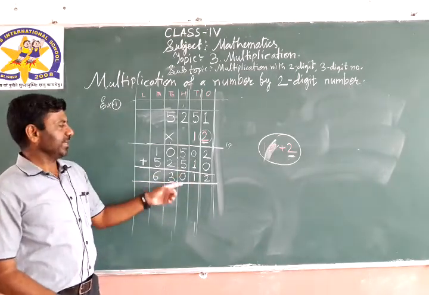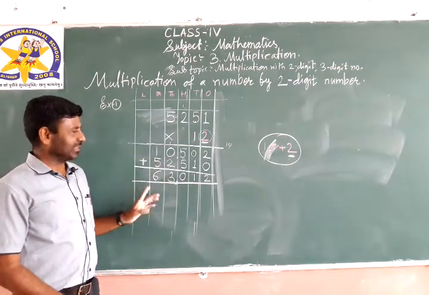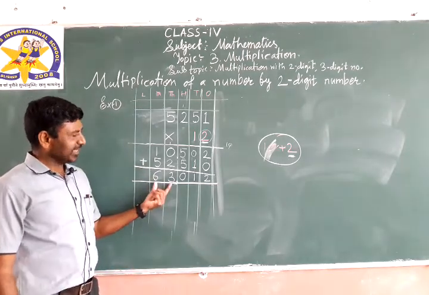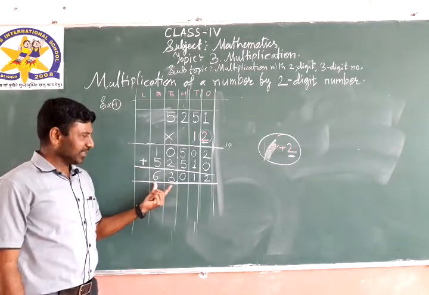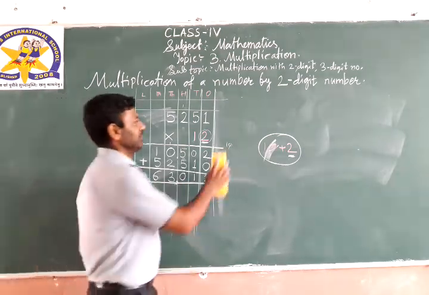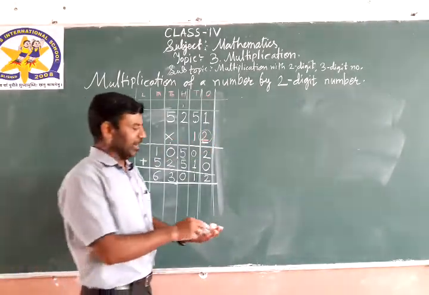So what is the answer? 63,012. What is the product? 63,012.